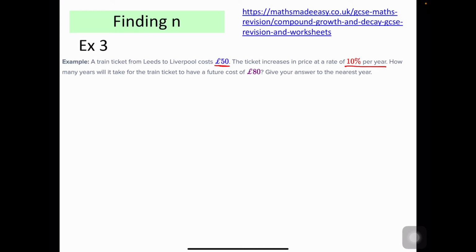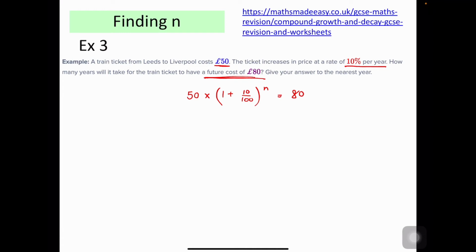So I'm going to write what we have, 50 multiplied by 1 plus 10 over 100 to the power of n, because that's what we want to work out, equals the price which it will be over time. So the future cost, right?